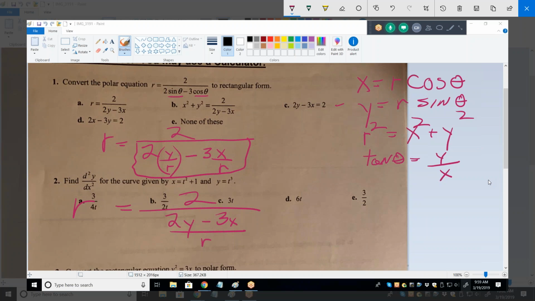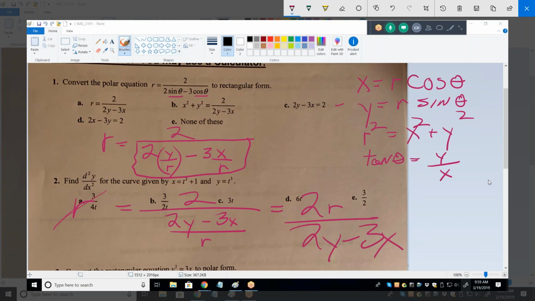Now, how do we divide by fractions? We flip and multiply. I want to simplify that thing on the right. So we flip and multiply. So 2r over 2y minus 3x, right? Now notice the r's cancel.